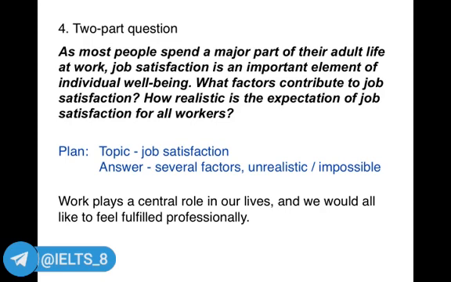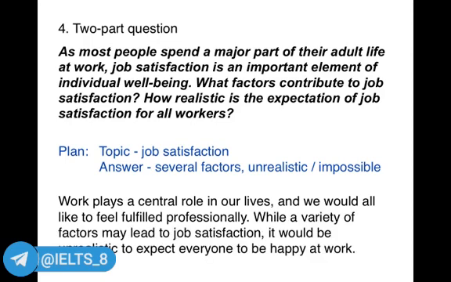So that's the topic. Now we need to answer the question. We need to cover those two questions. While a variety of factors may lead to job satisfaction, it would be unrealistic to expect everyone to be happy at work. Again, I'm using my favourite word, while, to introduce a sentence that has two elements. Firstly, the first question about the factors, and I've said a variety of factors may lead to job satisfaction.